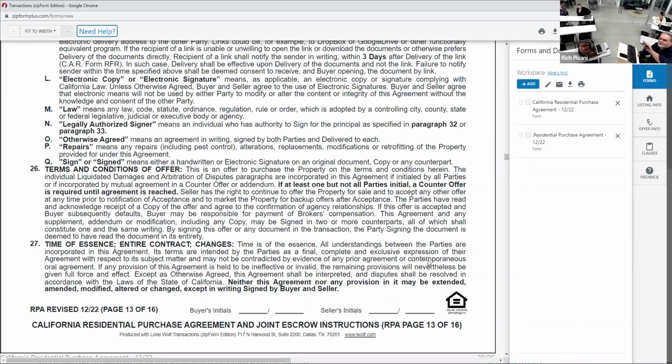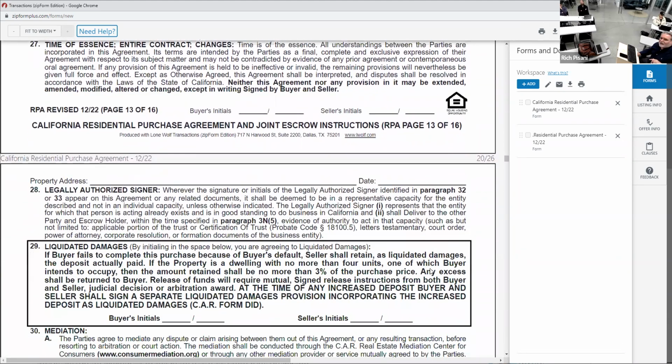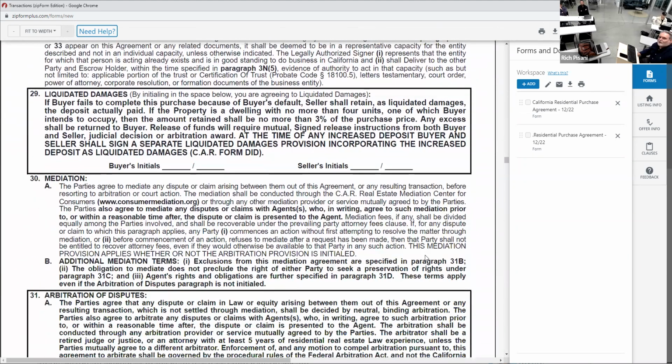Terms and conditions: as Judge Judy says, the agreement is the four corners of this document. Time is of the essence. We talked about that. Legally authorized signer, that's talking about entities, which we went over.